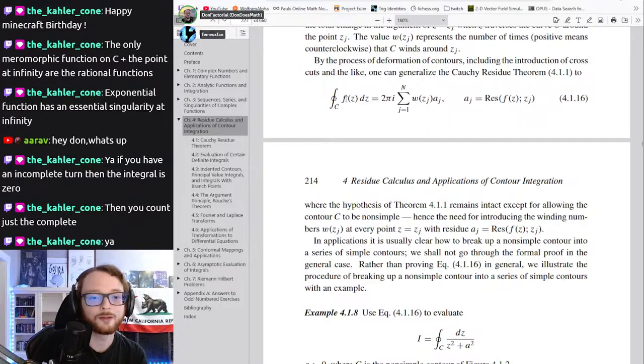All right, and then they generalize the Cauchy residue theorem to include non-simple contours. Yeah. And the only difference was you multiply every residue times its own winding number, right? Yeah, okay.